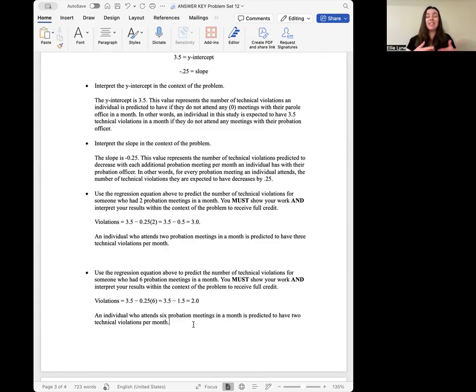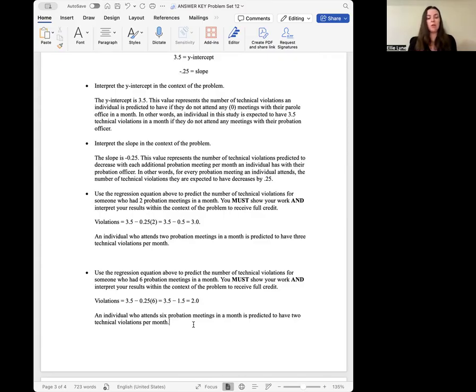And so what the idea of this overall problem is really getting at is the more supervision or the more contact an individual is having with their probation officer, hopefully the more they are keeping attuned with their scheduling and keeping on track after they have been released from the criminal legal system.